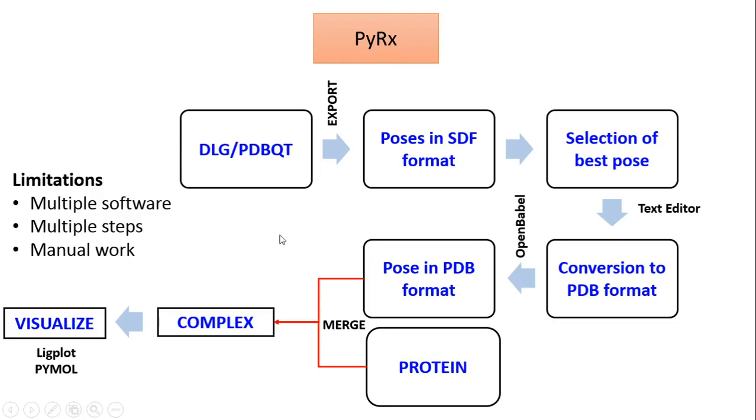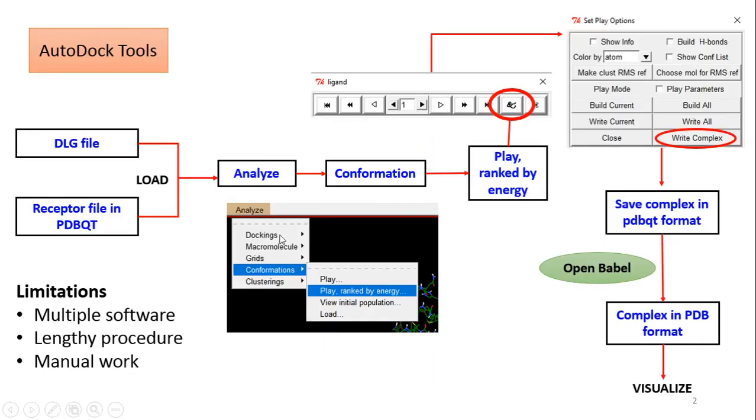On the other hand, if you are using AutoDock Tools for post processing, then in that case you might begin with the DLG file you have, and you might have the receptor file in PDBQT format. What you usually do is load both of these files and then go to the Analyze menu, and in the Conformations submenu you select Play, ranked by energy.